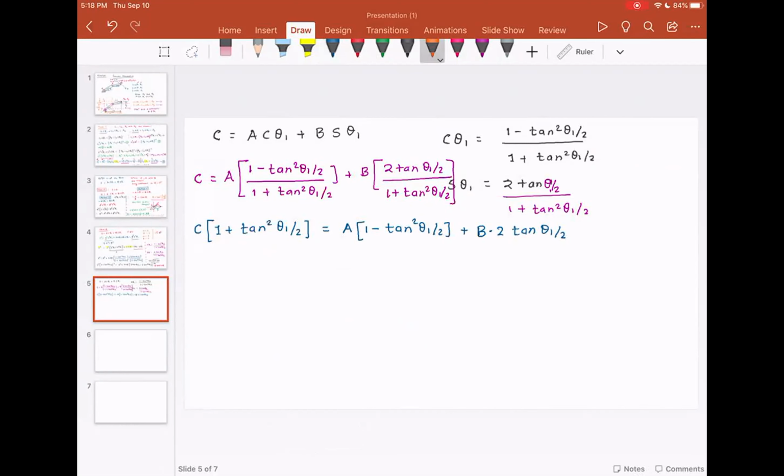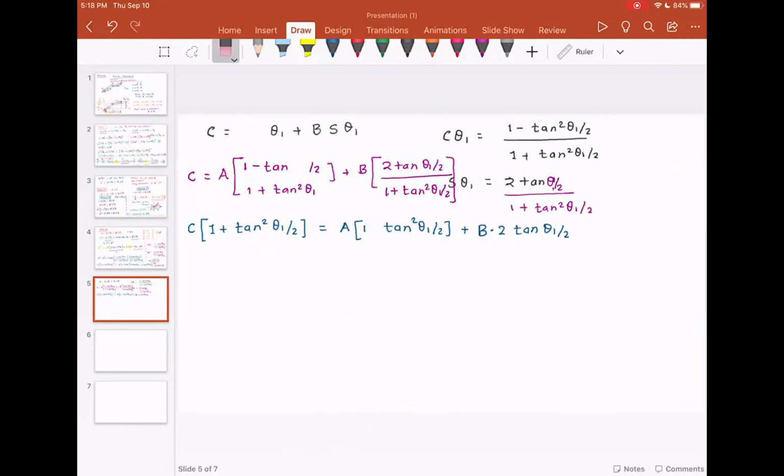I don't know if you can notice this, but this is a simple quadratic equation. So I can make a substitution, tan theta 1 by 2 is equal to u, and then I have c times 1 plus u square is equal to a times 1 minus u square plus b times 2u.